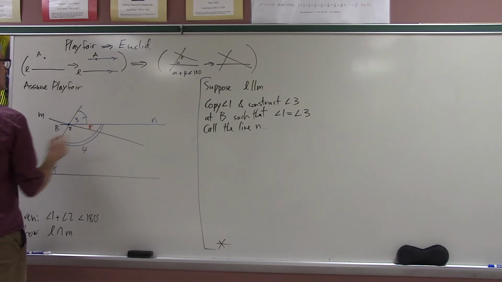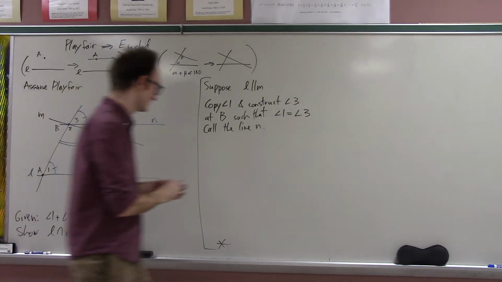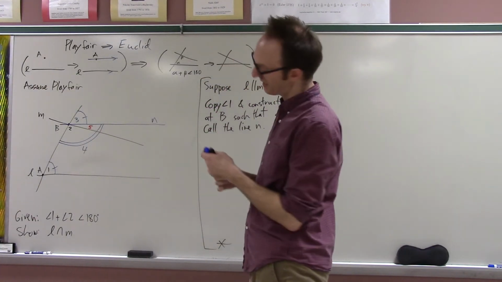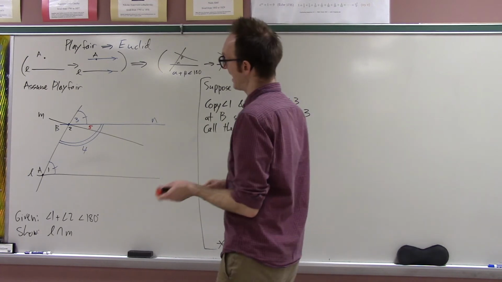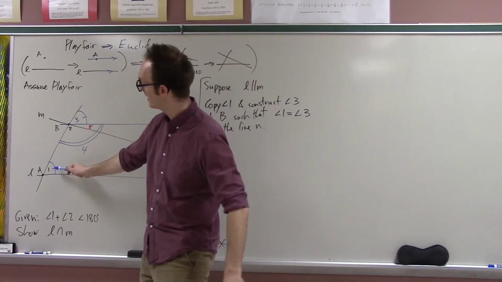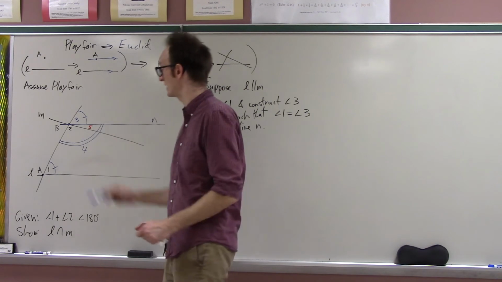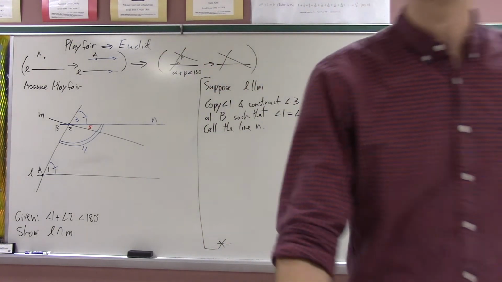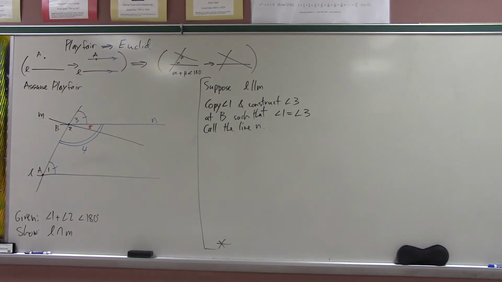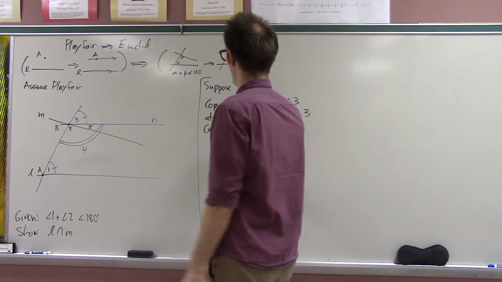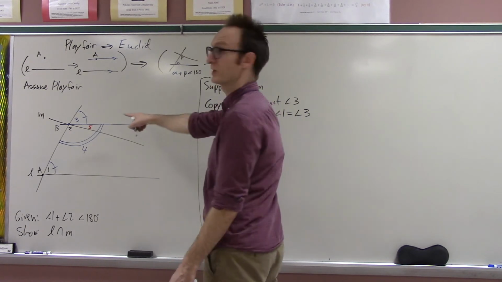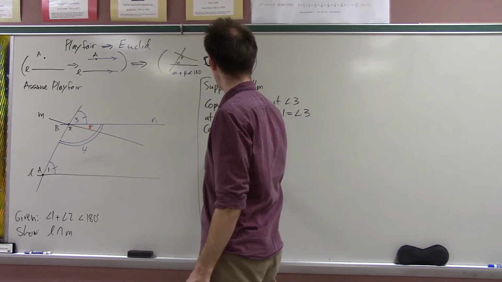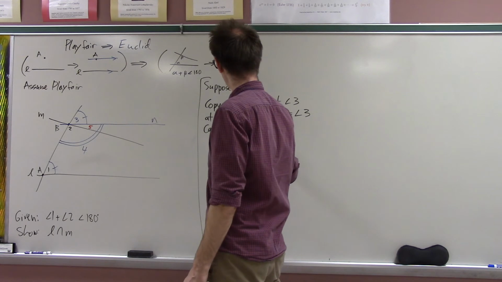All right, and now it seems like I'm just looking at the picture and making all kinds of wild claims, but I'm not. Angle 3 I copied. I just copied angle 1, so that's totally legit. 4 is just the supplement of angle 3. So what I know is that angle 3 plus angle 4 is 180.